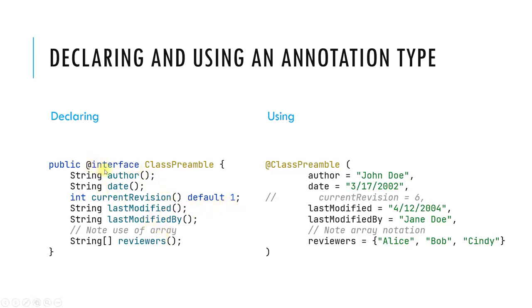Also, we should use interface with this symbol. So in this case, this interface is used as annotation. So when we use current revision, for example, here, when you use default values, then you can skip this parameter of the annotation.